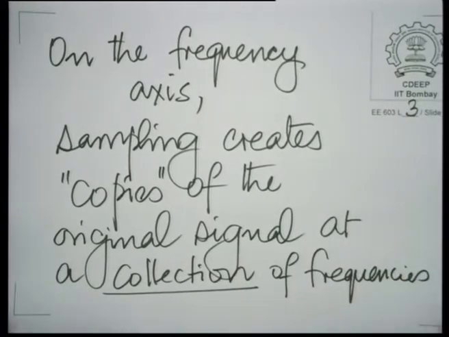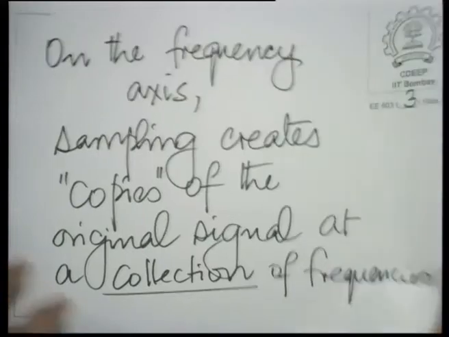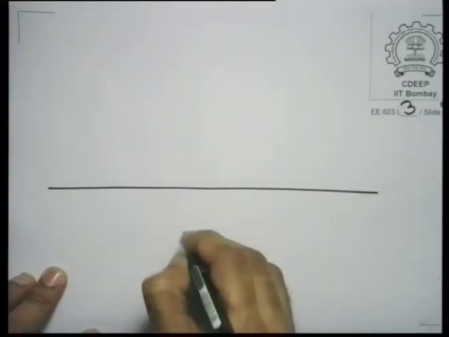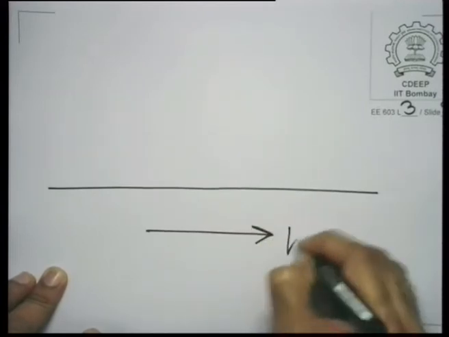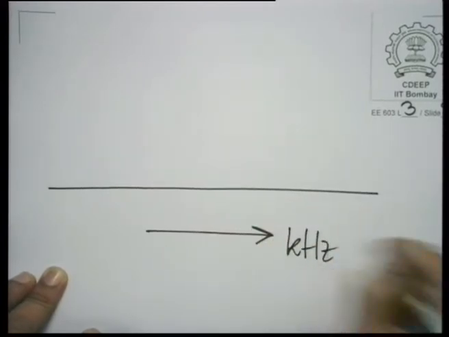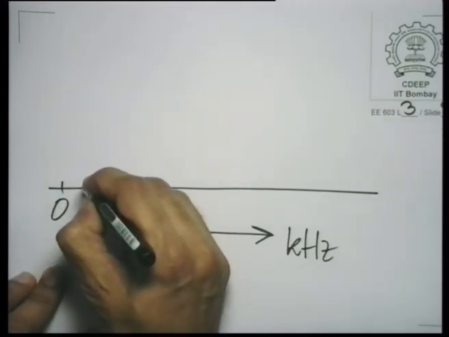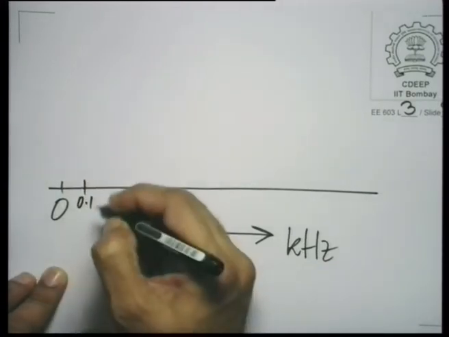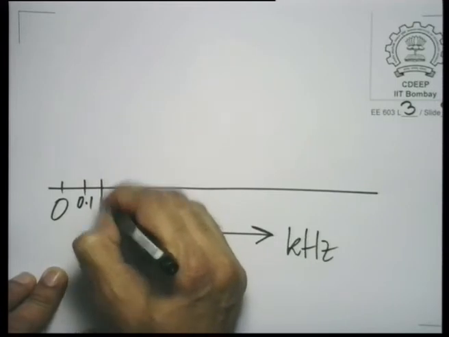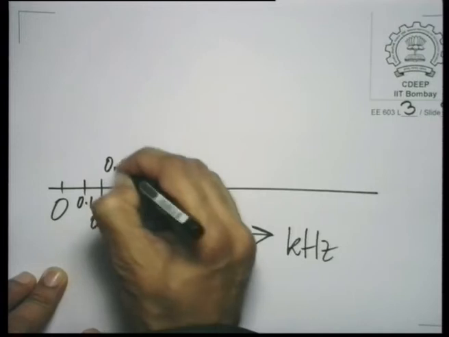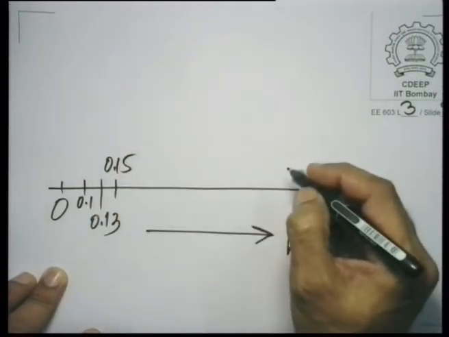In fact, let me try and illustrate this to you with an example, or at least with some intuitive explanation. So, we have done the exercise for one sine wave, but let us do it when you have a few sine waves. We have a 0.1 kilohertz sine wave, we have a 0.13 kilohertz sine wave and a 0.15 kilohertz sine wave.